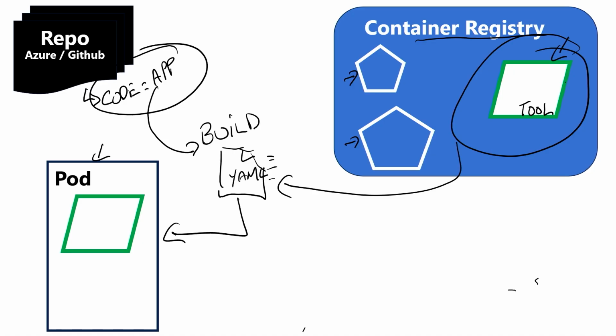Now, a pod is a unit of compute. In this case, this green object with some code deployed into it becomes an instance of your application using the resources allocated to the pod.